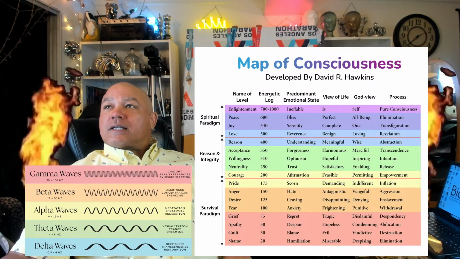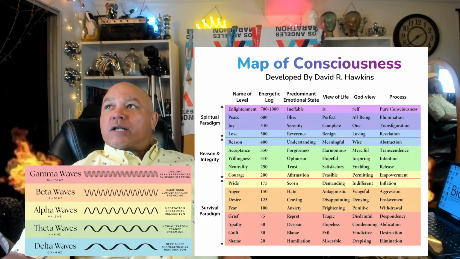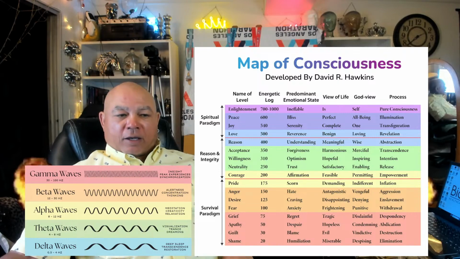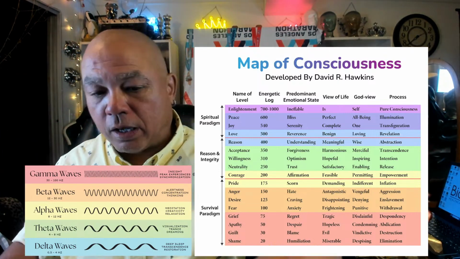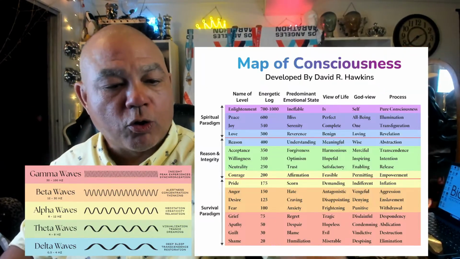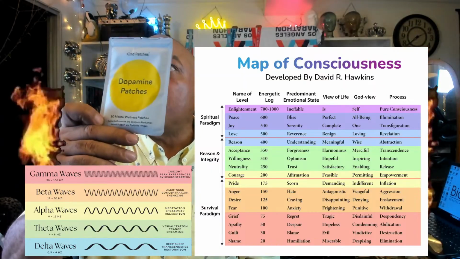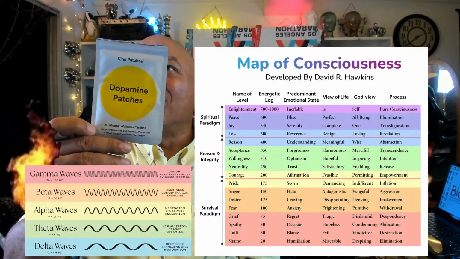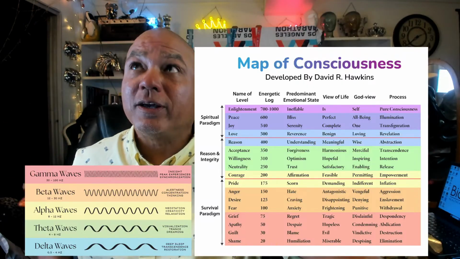But at the desire state, the predominant emotional state is craving, right? If you can't get some good neurofeedback training, get yourself some dopamine patches, okay? Mental wellness patches. Trust me, it works. Yeah, they work really good.